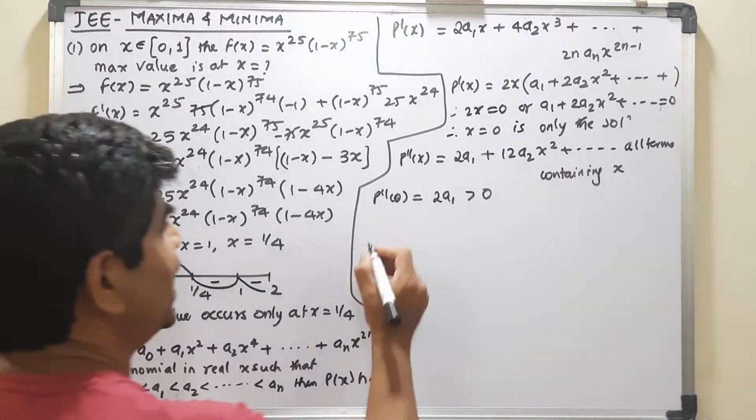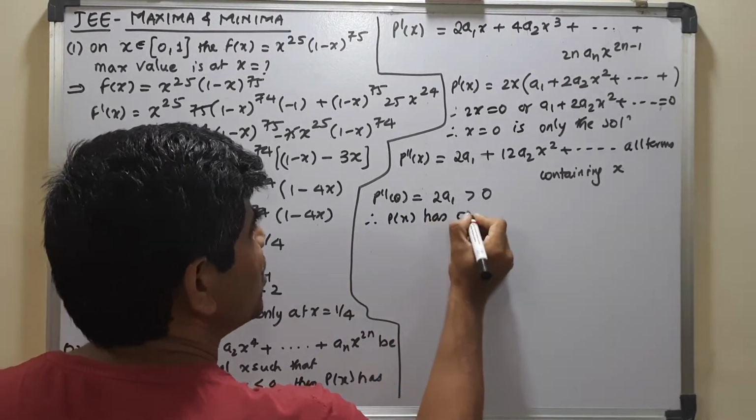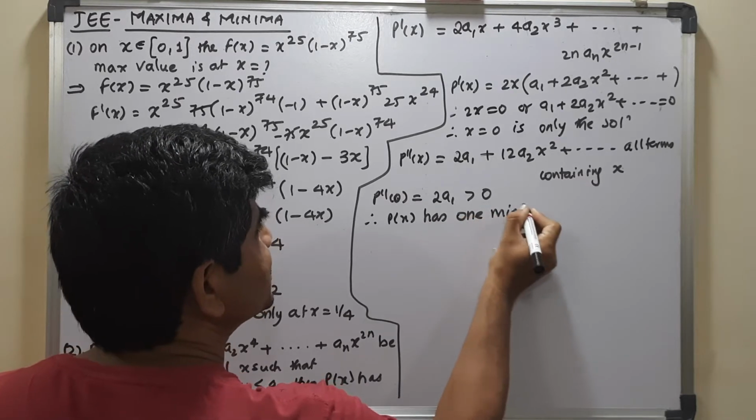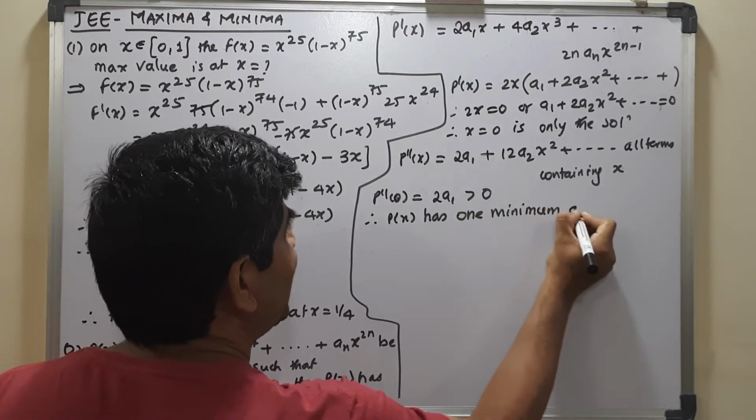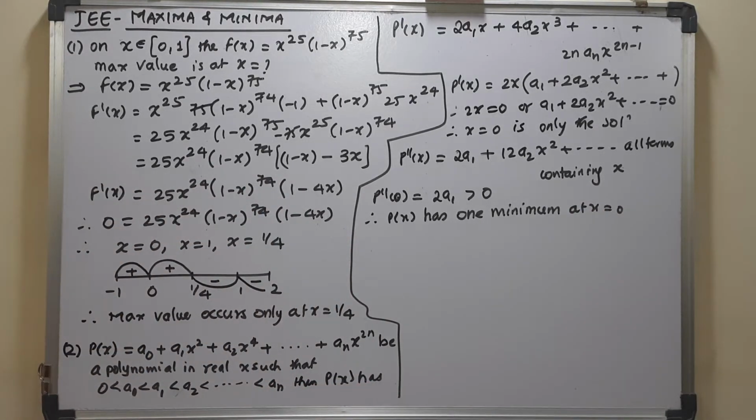So therefore, I will say here that p of x has one minimum at x is equal to 0. So it will have one minimum at x is equal to 0. Okay, a logical question, simple, but just think a little bit, think on every part why that particular condition is given to you, then you will be very much comfortable while solving.